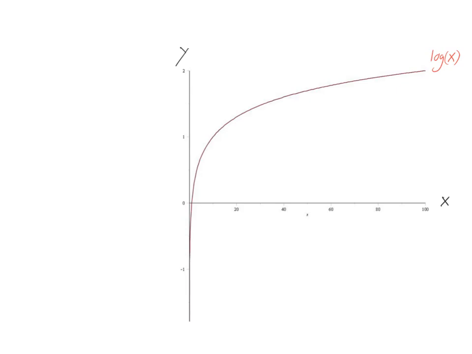For example, let's look at this plot, and let's look at when x equals 100. If I take log of 100, I'm really asking how many times do I have to multiply 10 by itself, or 10 raised to what power will give me 100? 2. So you see, a general log plot looks something like this. It's growing, but it doesn't grow very rapidly.